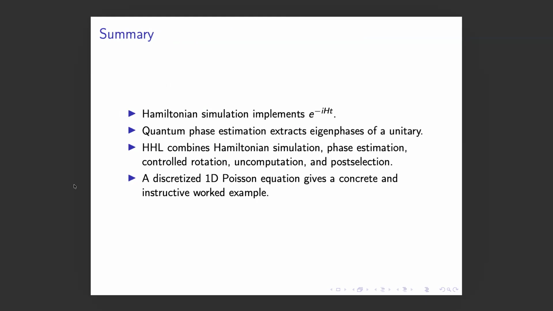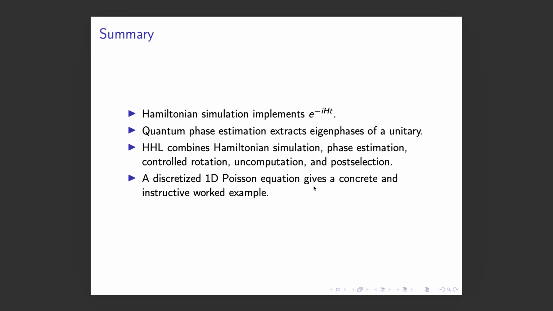If we now look at the Hamiltonian simulation here, it implements this unitary. It has a quantum phase estimation, and the HHL combines a Hamiltonian simulation, phase estimation, controlled rotation, and computation, which is inverse phase estimation, and then a post-selection. Then you make a measurement, and if the measurement gives you qubit 1, then you start accumulating.